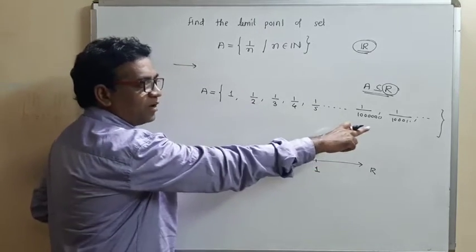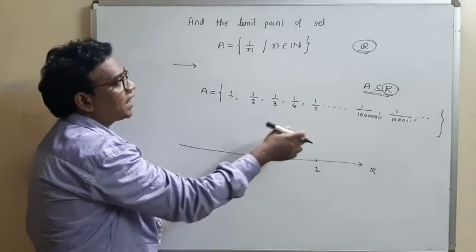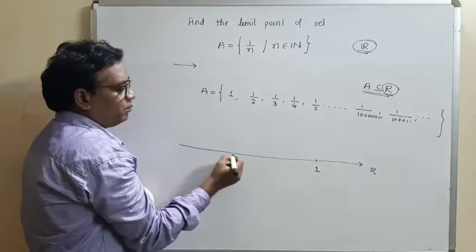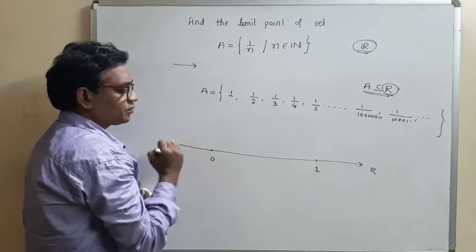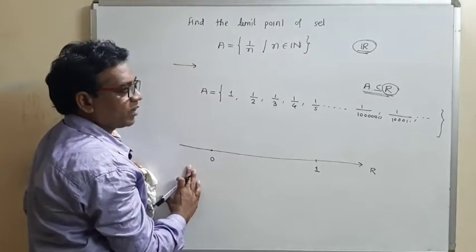What will be the last point? If we put n equal to infinity, 1 upon infinity is 0, so the last point may be 0. This is 0, and it is not an element of the given set.